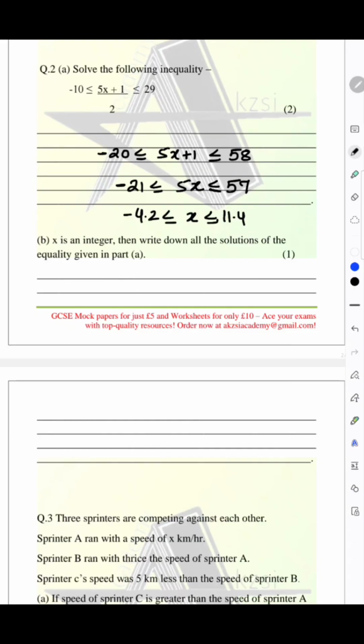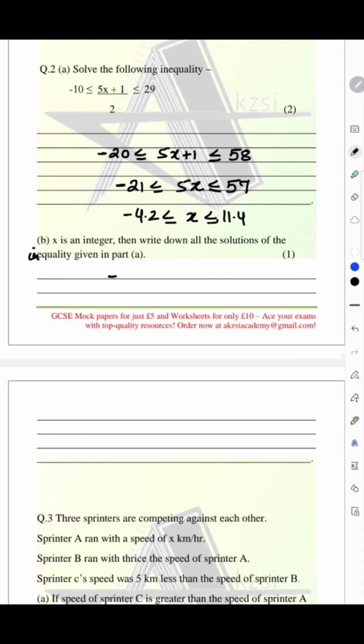Now if x is an integer, then write down all the solutions of the inequality given in part A. We have to write down all the integer solutions of the given inequality. So x is greater than negative 4.2, so the next integer will obviously be negative 4.